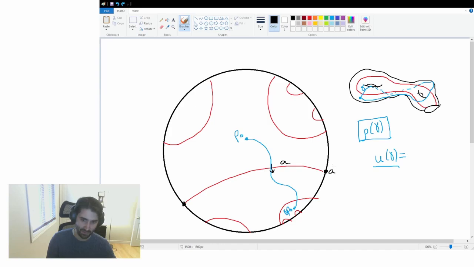Maybe call this one A minus and this one A plus. And the cocycle will have a part which is in the flag xi of A minus, minus xi of A plus.